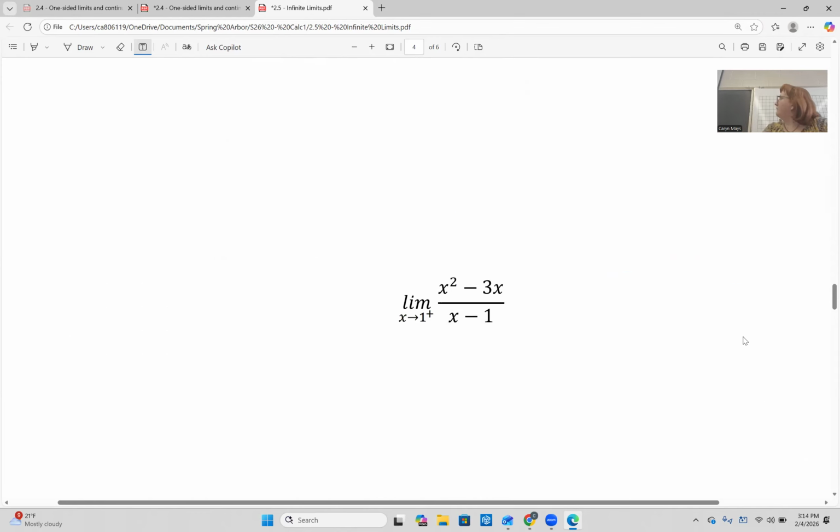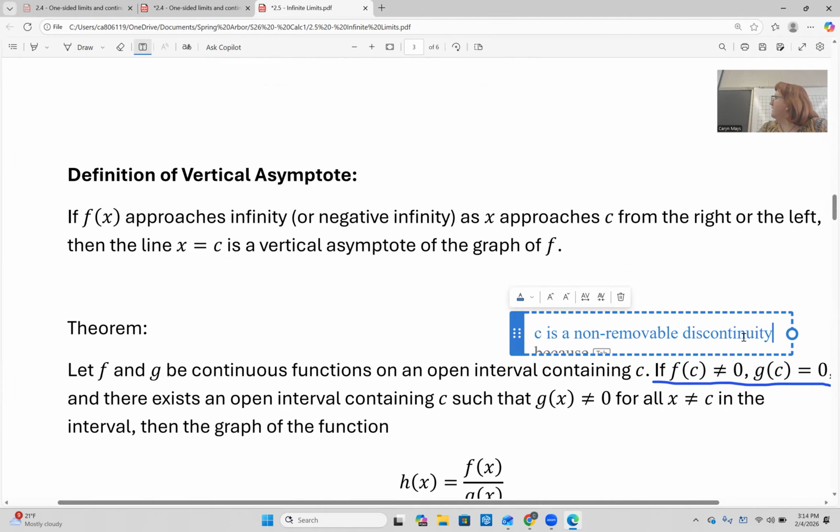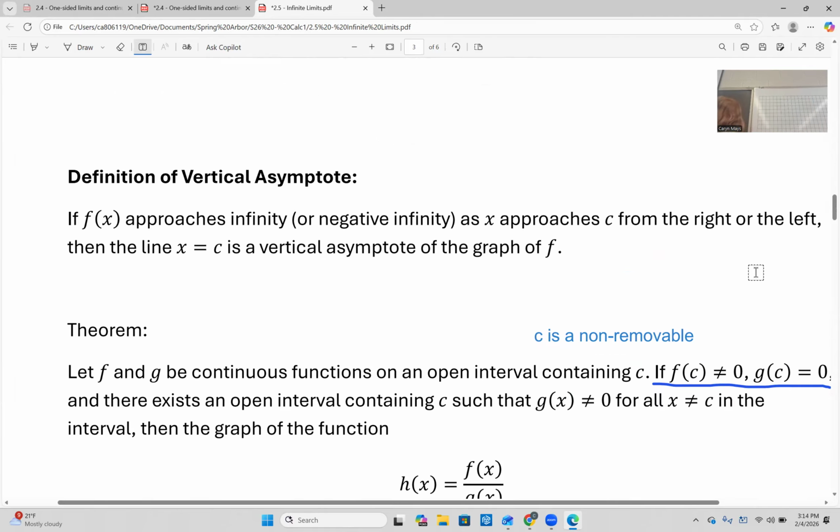If f of c and g of c were both 0, that's the situation where we could cancel it out and it would be removable. But this statement is saying c is a non-removable discontinuity. We can't cancel it out.